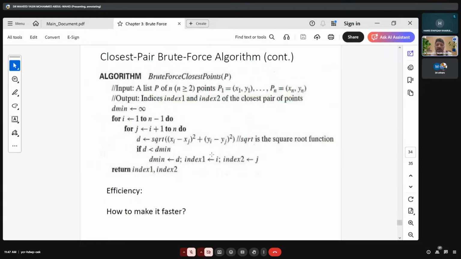This is x. Why am I using SQRT and power 2 rather than making the distance like this? If I have 5 and 3, 5 minus 3 is 2. Why am I using power 2? Because one position may have a negative value and the other a positive value. So what is the difference between them?